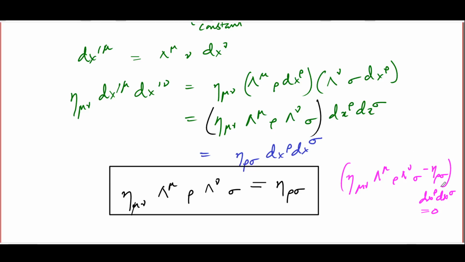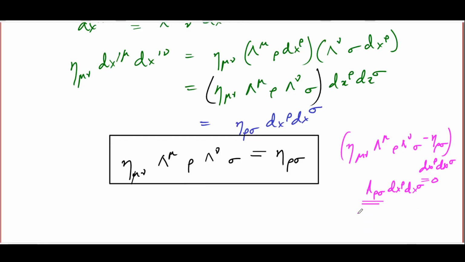Now, this thing contracted with dx rho dx sigma giving 0 does not necessarily imply that this thing is 0. Note that because dx rho dx sigma is symmetric in the interchange of rho and sigma, if you took anything which is antisymmetric in the interchange of rho and sigma and contracted it with dx rho dx sigma, the result would be exactly the same if you were to change the indices. In particular, if you were to interchange the two indices.